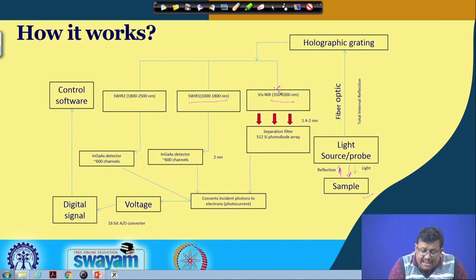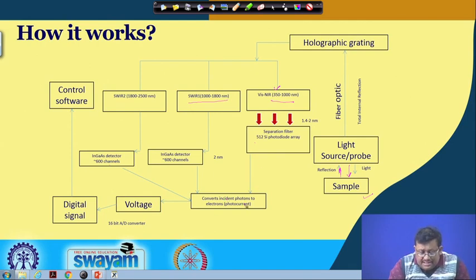The VisNIR region then goes through a separation filter, which contains a 512 silicon photodiode array. The short wave infrared 1 is passed through an indium gallium arsenide detector, which has 600 channels, and the short wave infrared 2 also goes through another InGaAs detector with 600 channels.